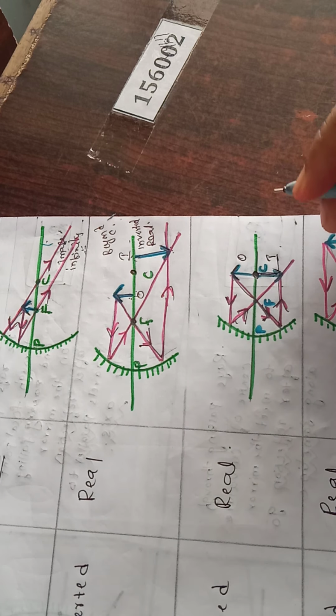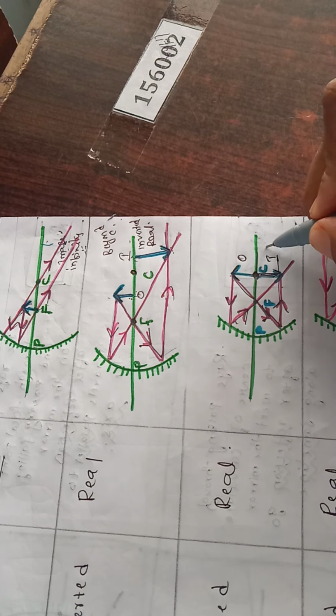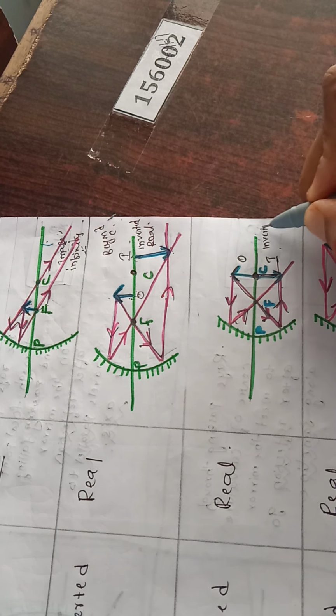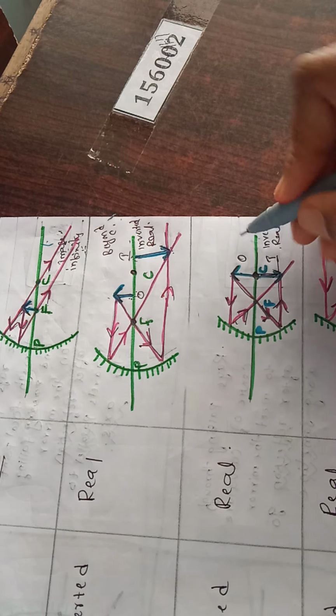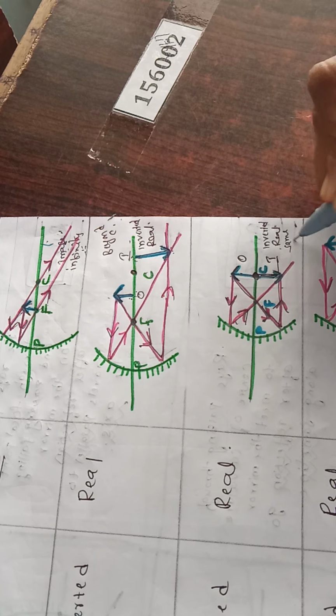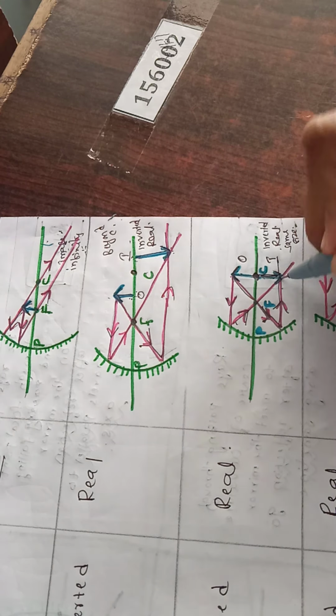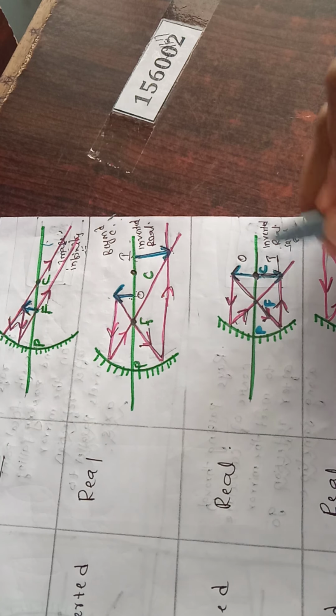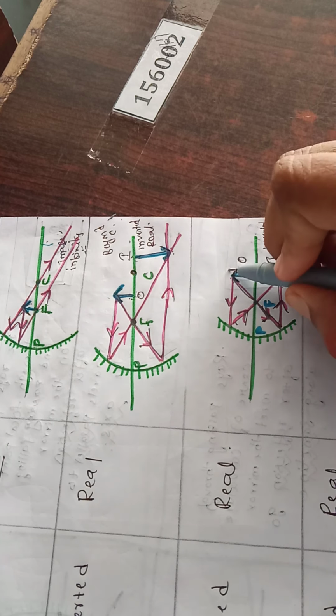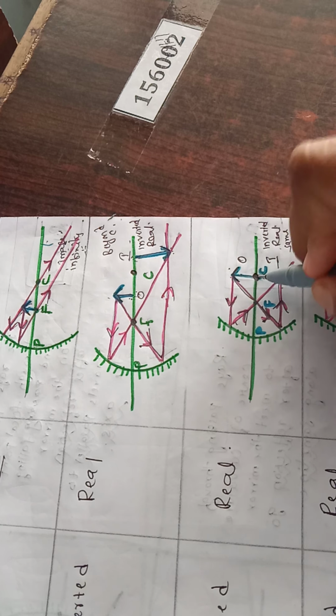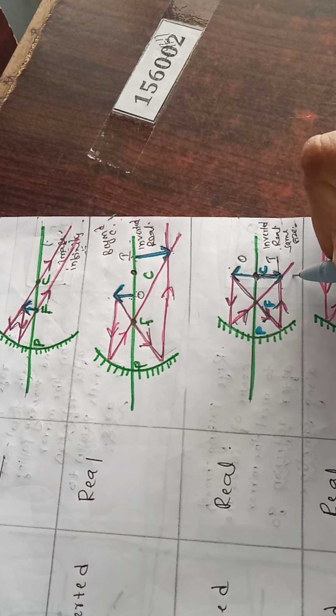How is the image? It is inverted, real, and of the same size as that of the object, and the image also forms at C only. Where is the image formed? When the object is placed at C, then the image is also formed at the center of curvature itself.